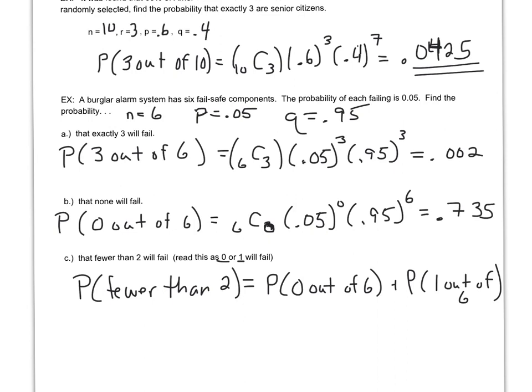So we know the probability of 0 out of 6 from part B. So that's 0.735. And if I do the 1 out of 6, that's going to be 6 choose 1, 0.05 to the 1, 0.95 to the 5.